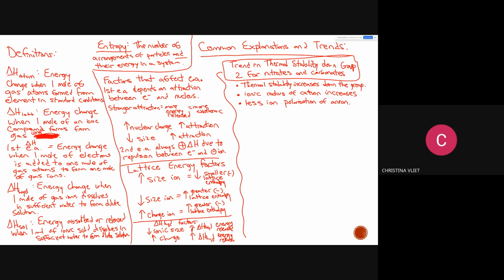The next one is variation in solubility of sulfates. Trends in solubility of sulfates down group 2.